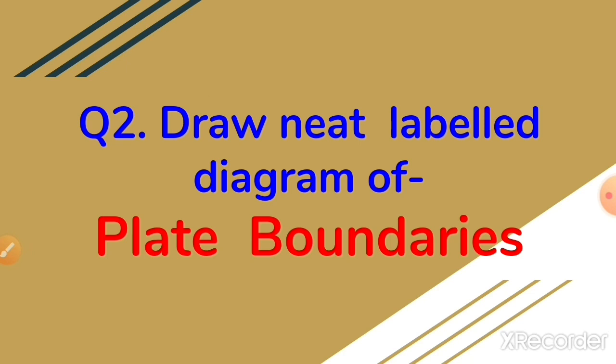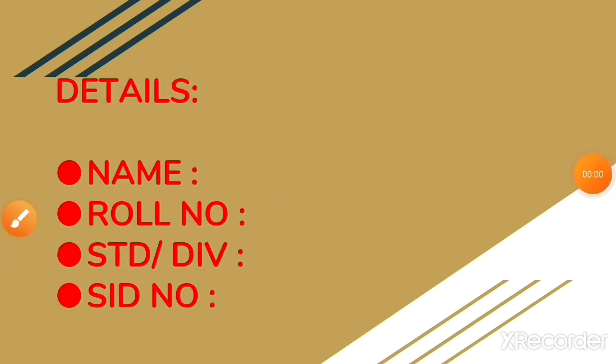Now what you're going to do after doing this map of history, geography and this diagram, you're going to click a picture. Okay, you're going to click a photo, then convert it into PDF. Again, I'll repeat. First, you're going to take a scan photo of all your assignment, your maps, your diagram, with all details.